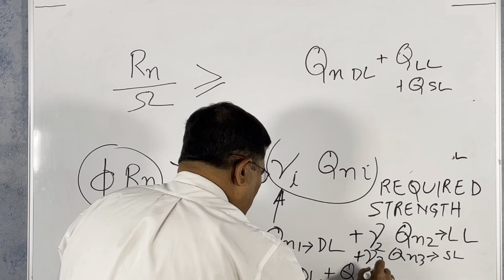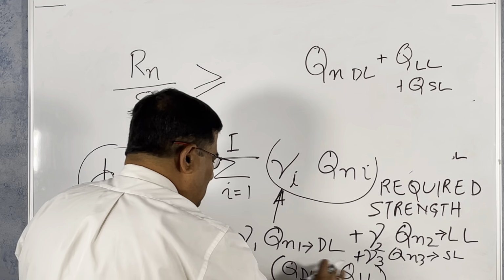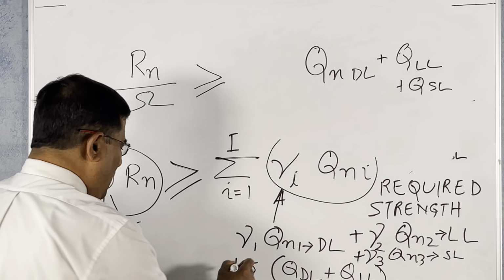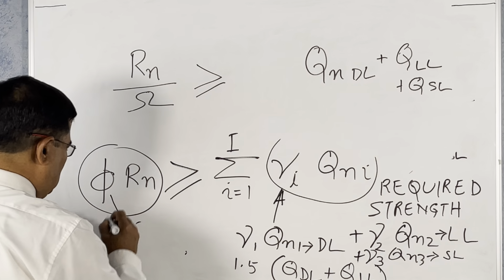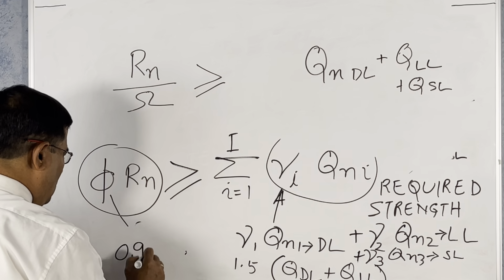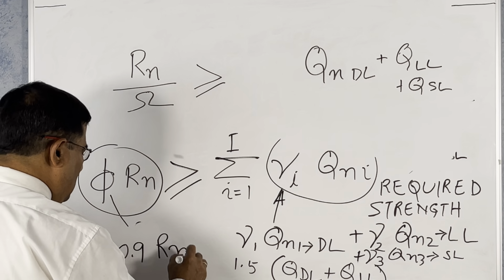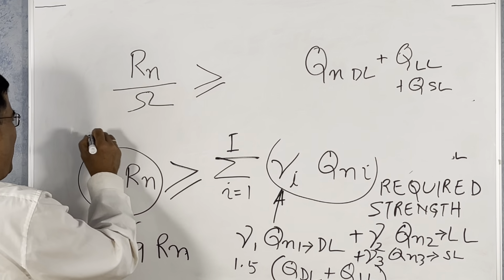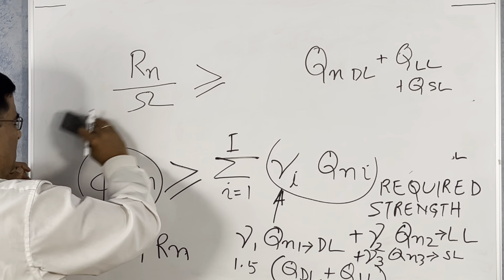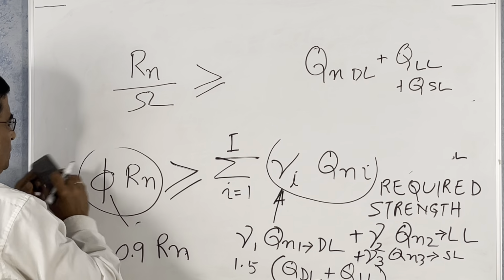You remember Q is required strength. So 1.5 on this side, and on this side it is say 0.9 Rn. Actually, the Q value varies. It is always these phi values.